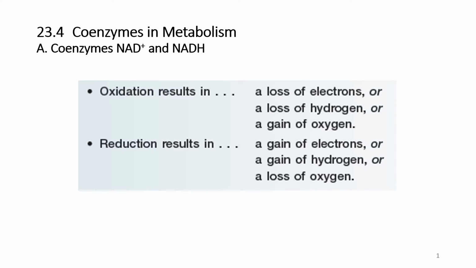However, now that we're focusing on organic types of reactions, the definition for oxidation is loss of hydrogen or gain of oxygen, and these are specifically carbon to oxygen bonds. Reduction, on the other hand, is the gain of hydrogen or the loss of carbon to oxygen bonds.